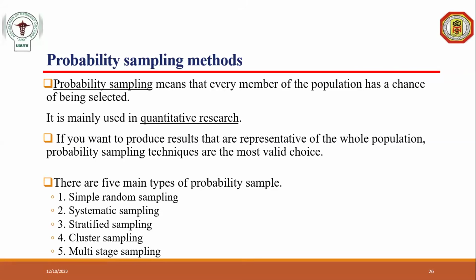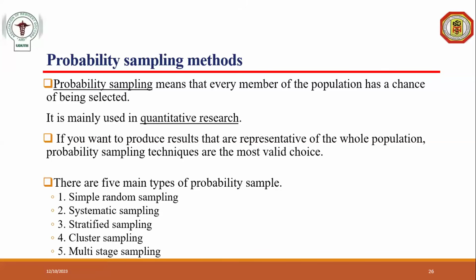Quantitative research is the usual research we do, not qualitative. Qualitative is one where you use focus group discussion, in-depth interview, key informant interview, observations, and other forms of qualitative research.